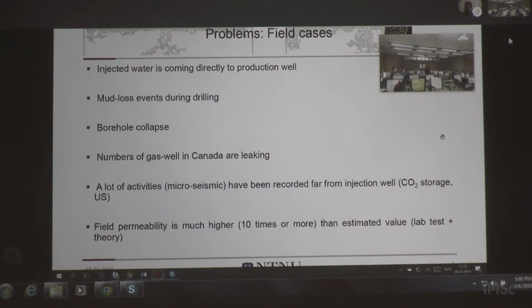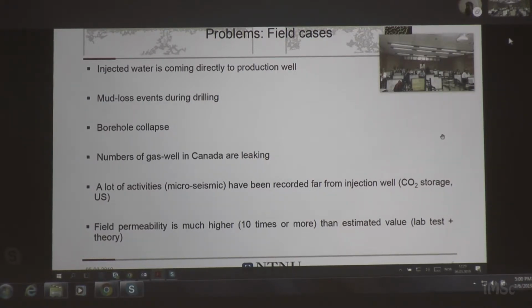You should get oil or petroleum in your production well, but sometimes you are getting the injection water. So the problem is that maybe there is a fracture which is connecting your injection well and your production well somehow. So the water is not displacing the petroleum, rather it's coming directly to the production well.